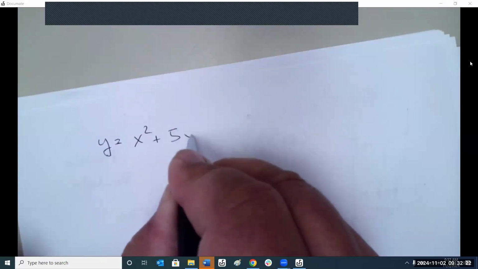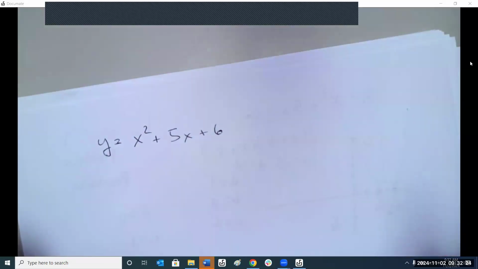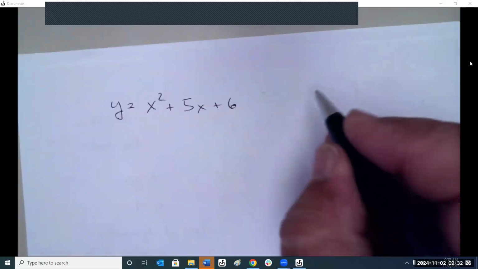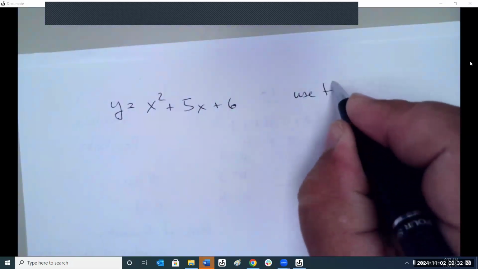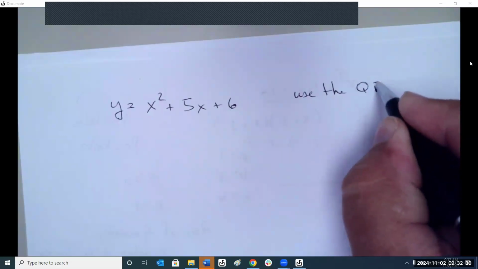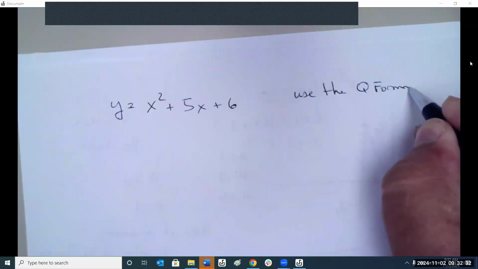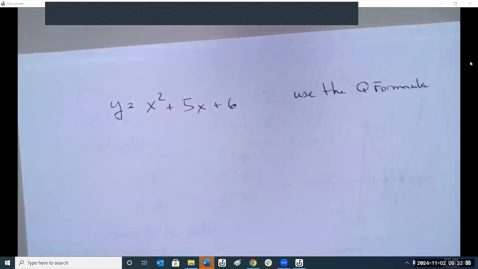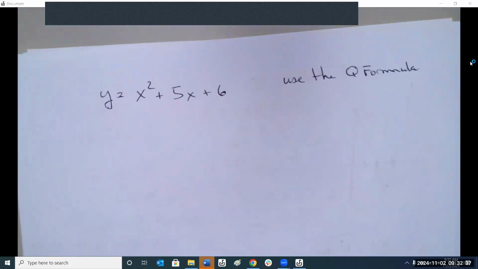Let me write that equation down again. So we have y equals x squared plus 5x plus 6. Use the quadratic formula to find the x-intercepts.